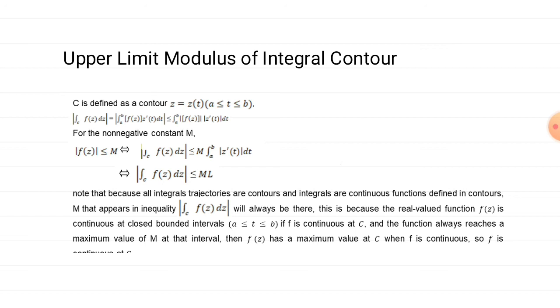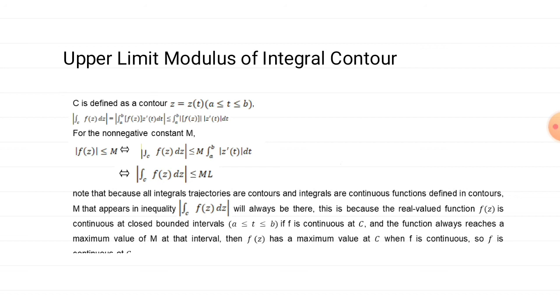Note that because all integral trajectories are contours and integrands are continuous functions defined on contours, the M that appears in the inequality, the absolute value of the integral over contour of f(z) dz, will always exist.